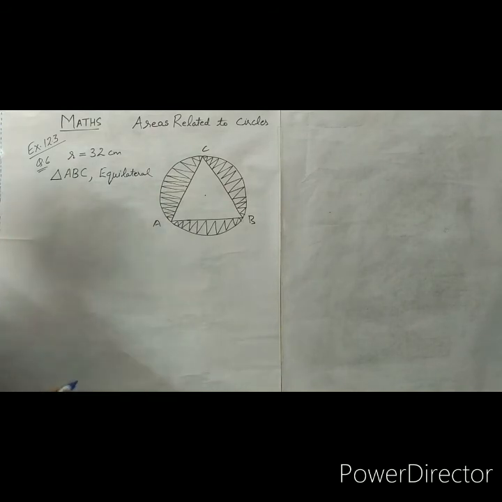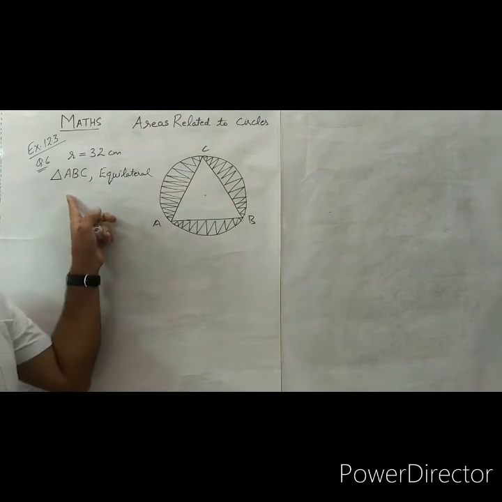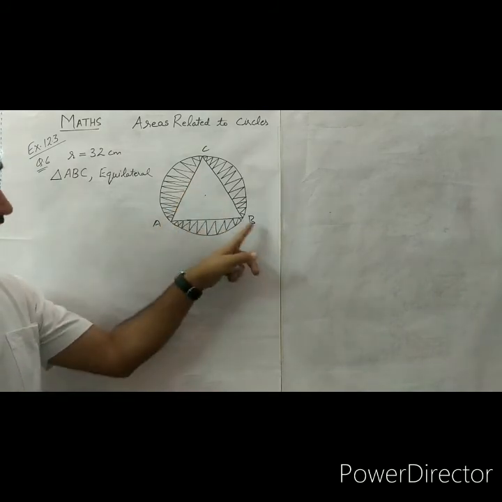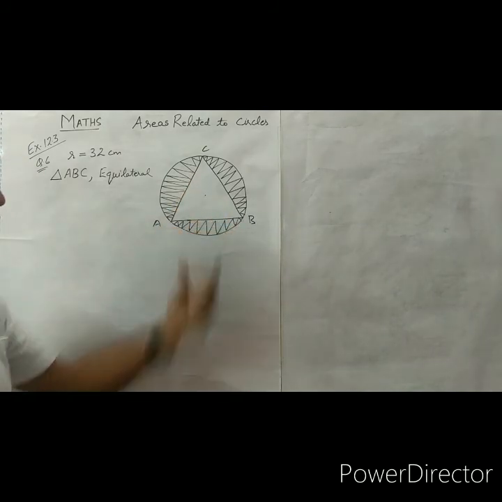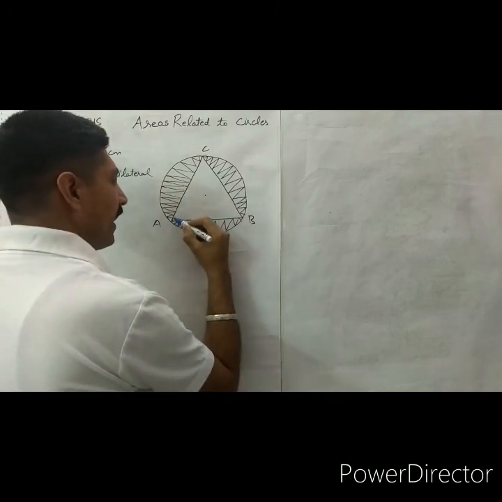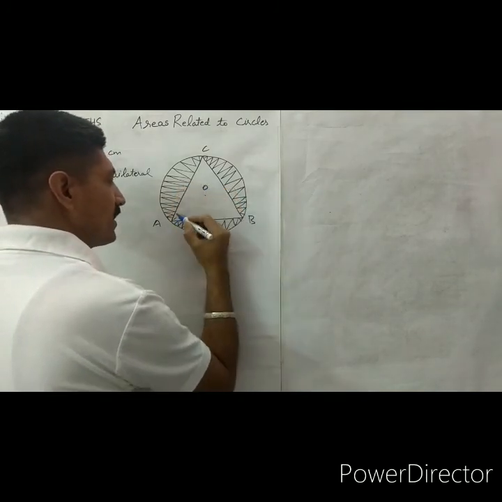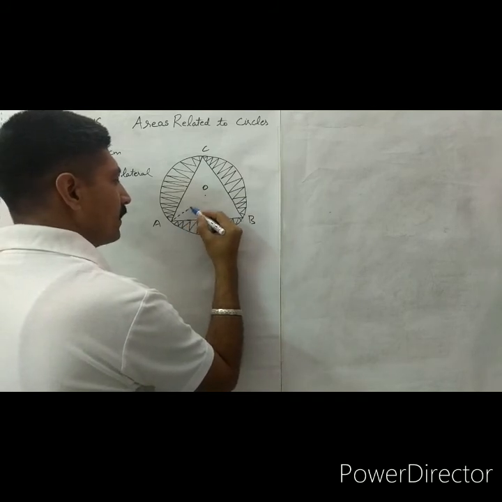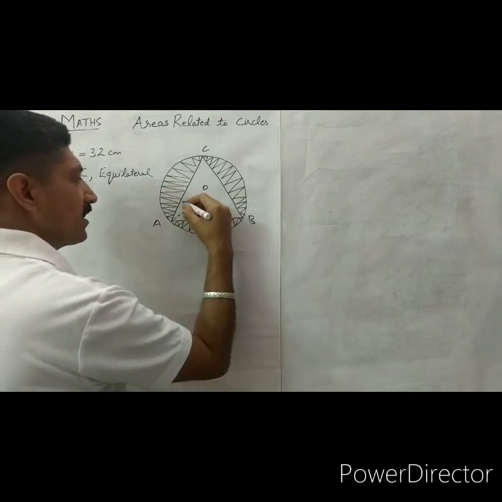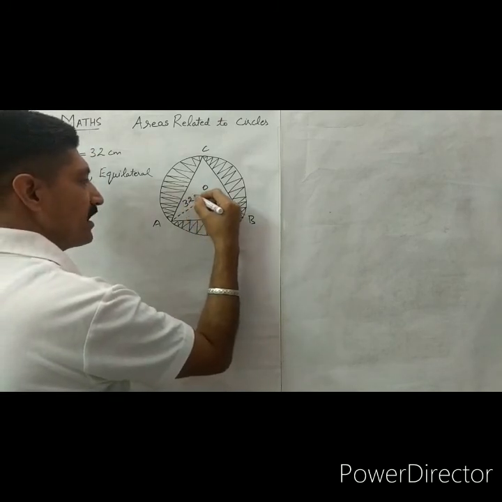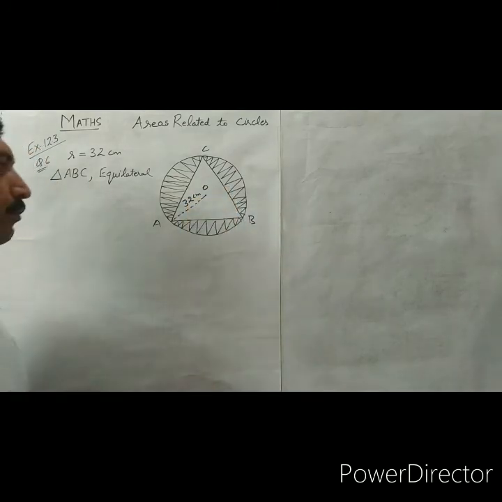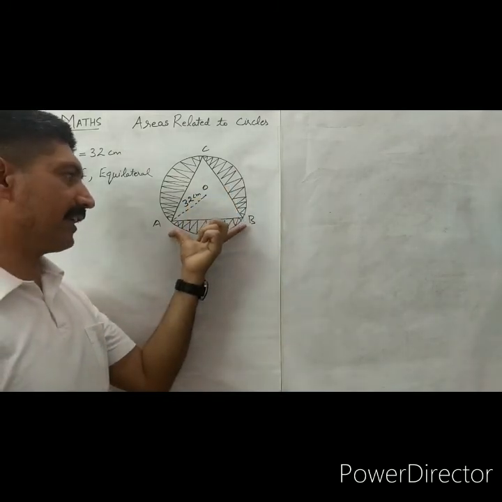So here we have to find the sides, the length of the triangle sides AB, BC and AC, which are equal. We have given if O is the center of the circle, so here OA is 32 centimeter. So we want to find the side of the triangle.